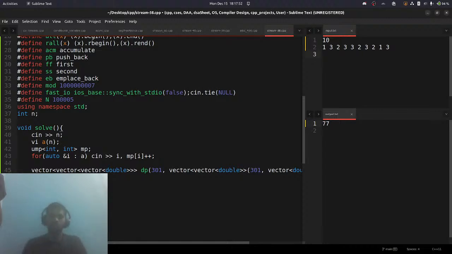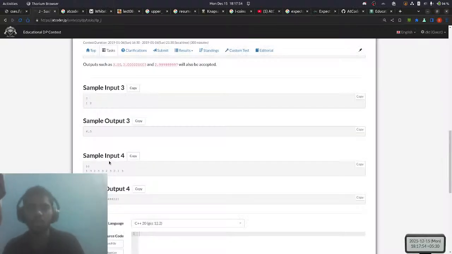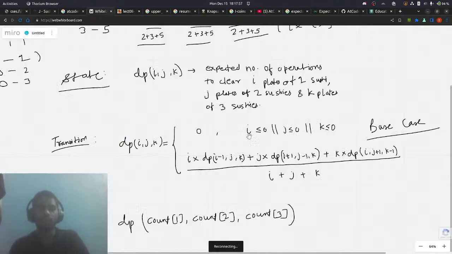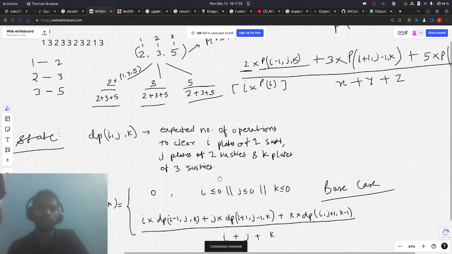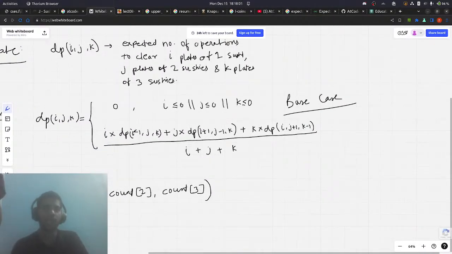And so you see here in the state, i and j are not really increasing or decreasing with the states. I mean, in one state we are dependent on both i minus 1 and i plus 1 of both i and j.